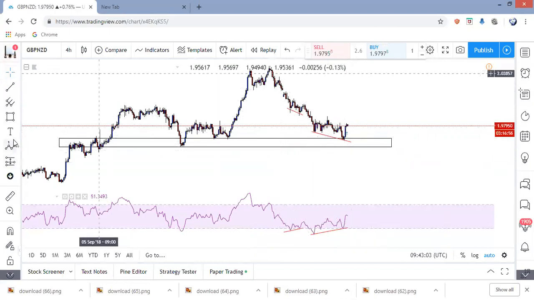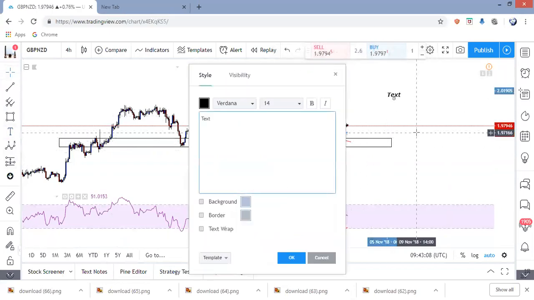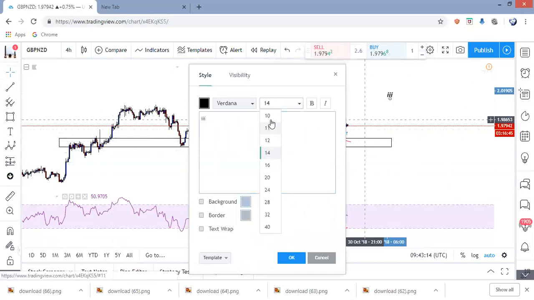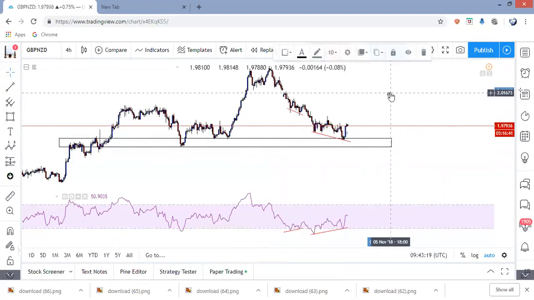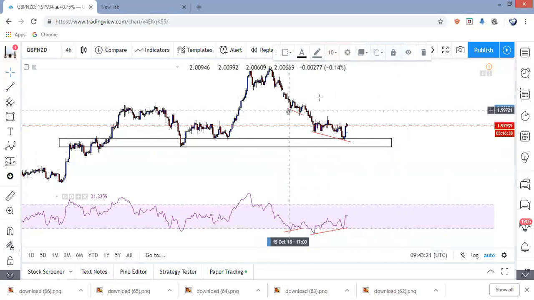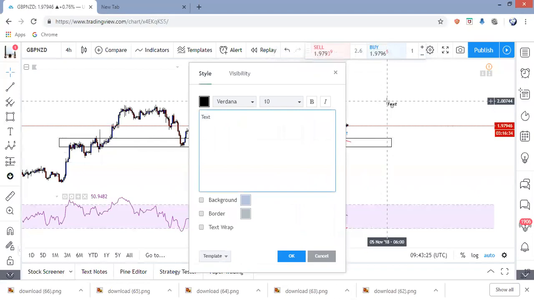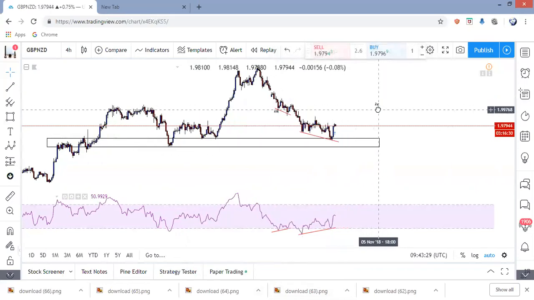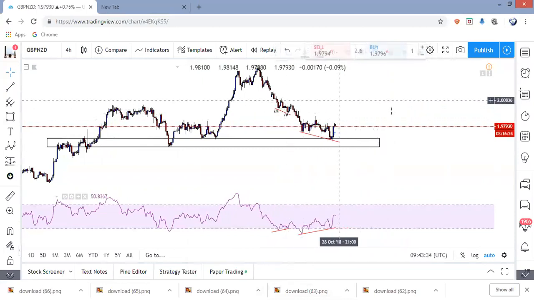So you look at the fact that this is wave 3 of the Roman figure 3 here and 5. So that's wave 3 and 5 here.